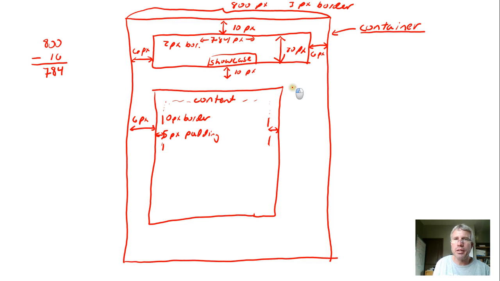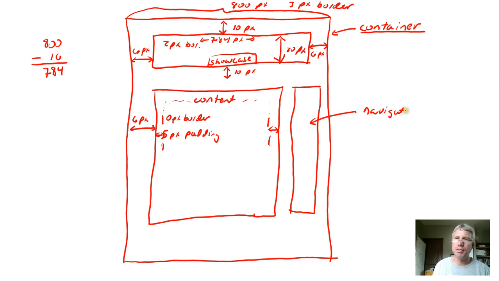And then over here I'm going to have a navigation bar, so I'm going to put my links in a sidebar. So I'm going to name this guy, give him the name navigation. I'm going to put my links in there, no border, no padding. We'll see how that works.